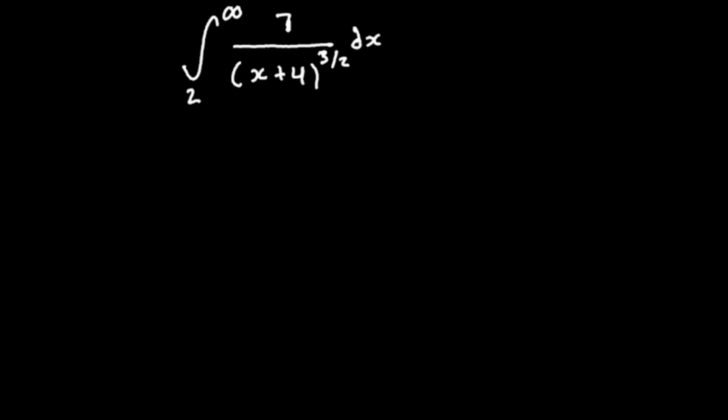So the trick with that is instead of just finding the antiderivative and subtracting your lower bound from your upper bound, you want to use a limit. You can use any letter; I'm going to use n.